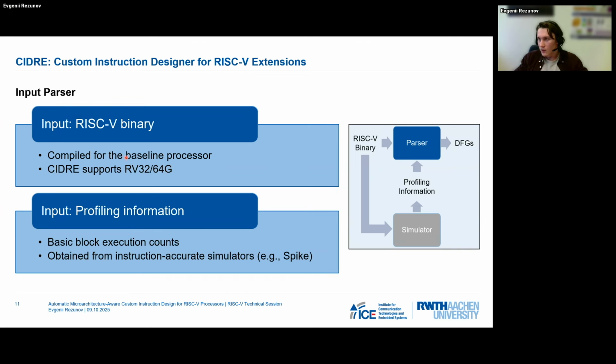And the second input, as I already mentioned, is the profiling information with the basic block execution counts from our target software application. And as I already said, we can get this information from instruction-accurate simulators such as Spike, for example. And from this information, we generate data flow graphs that are annotated with the corresponding execution count.